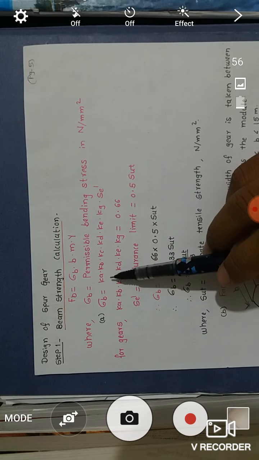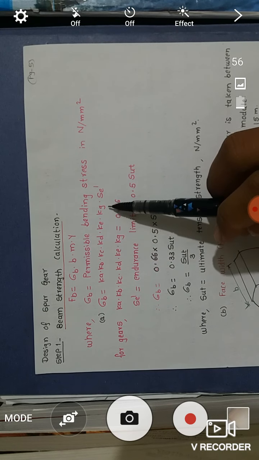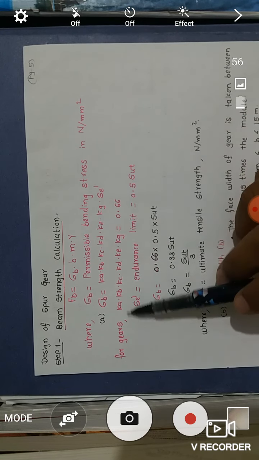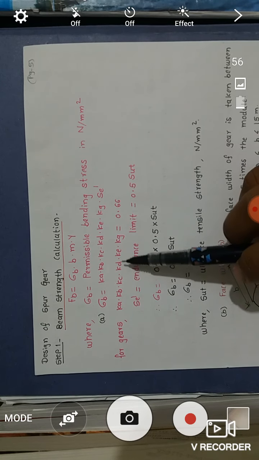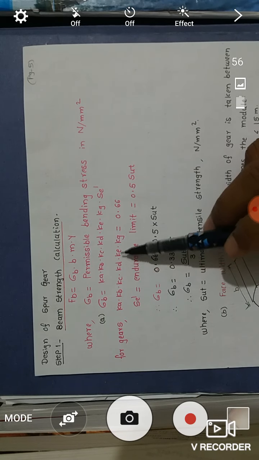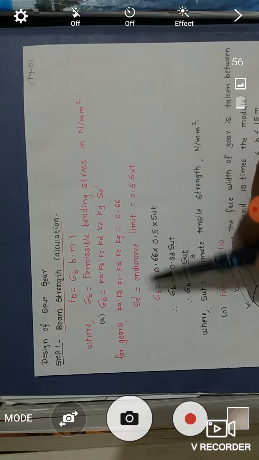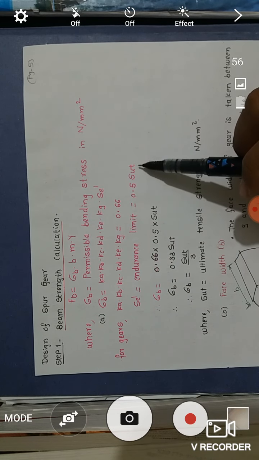The sigma b is equal to Ka into Kb into Kc into Kd into Ke into Kg into Se dash, where all these Ka to Kg are the factors considered in case of gears. All these values combined become 0.66. Se dash is the endurance limit, which is equal to 0.5 into ultimate tensile strength, that is SUT.